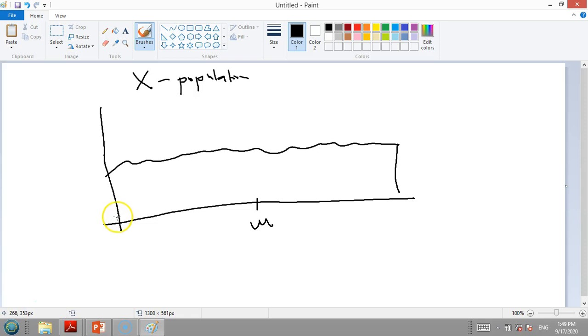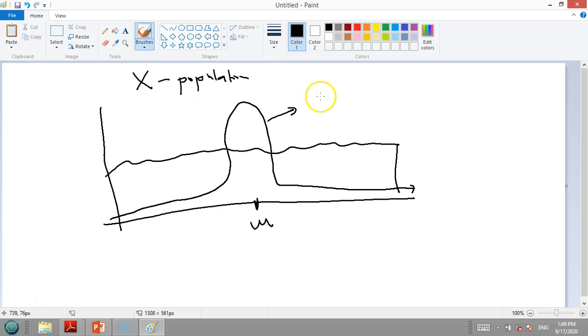And guess what? It's going to look like a normal that's very tight around the actual mean. This is the distribution of x bar, the sample mean. Its variance and spread are going to be a lot lower than the spread of the population.